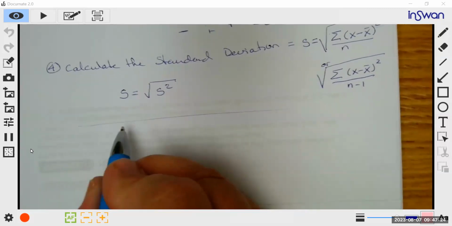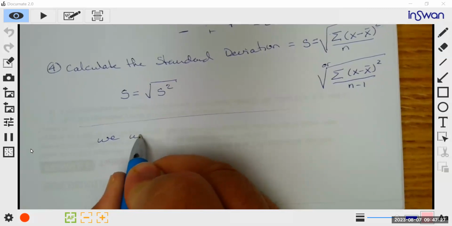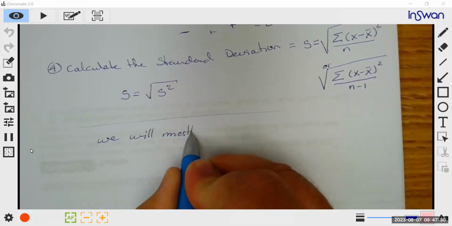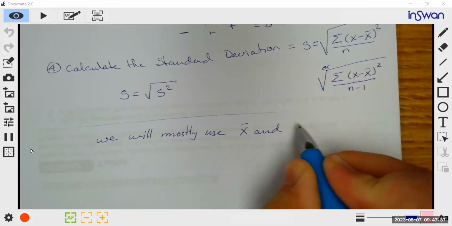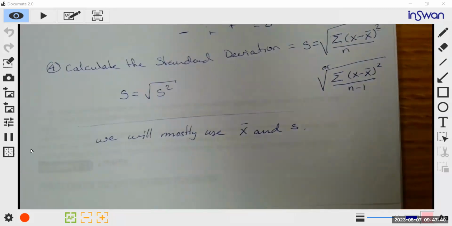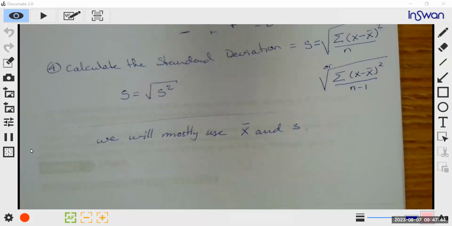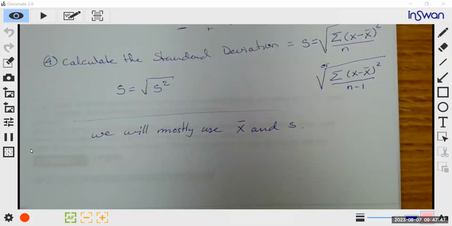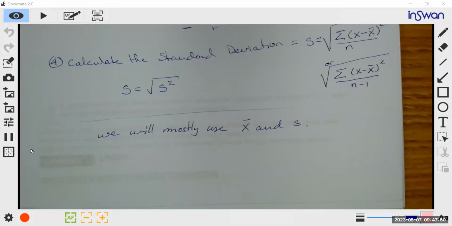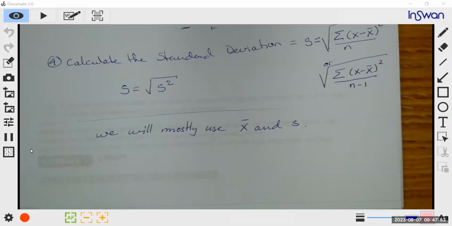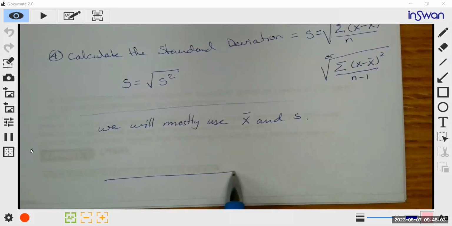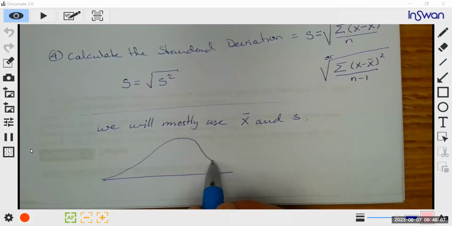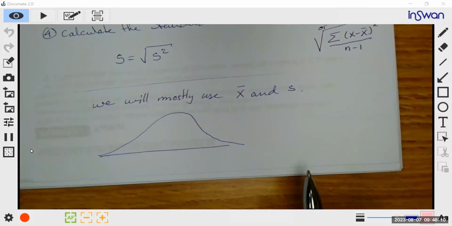Because in chapter 5 and beyond, we'll mostly use the mean and the standard deviation in our distribution charts. The bell curve.